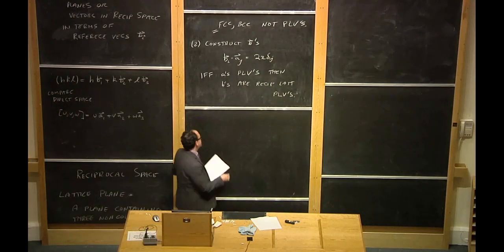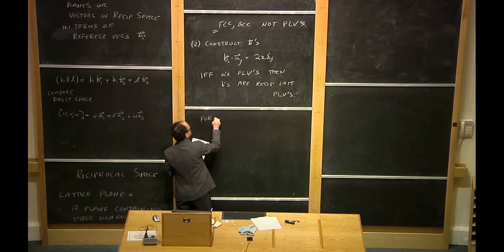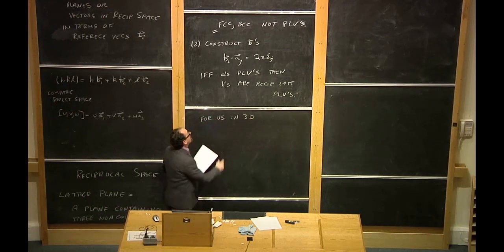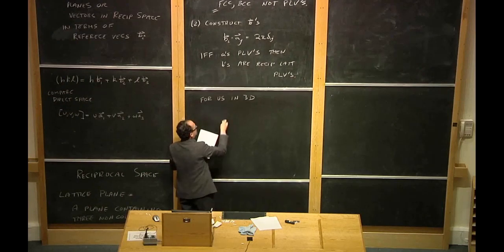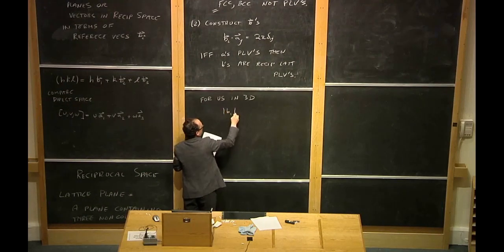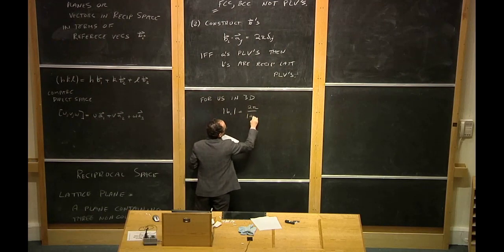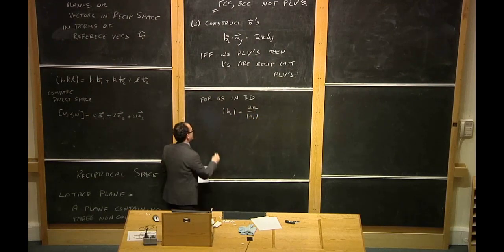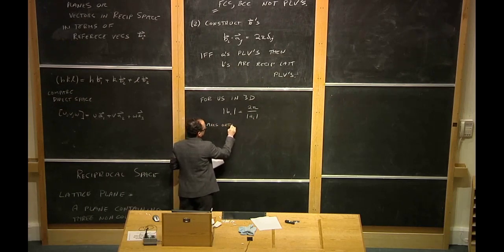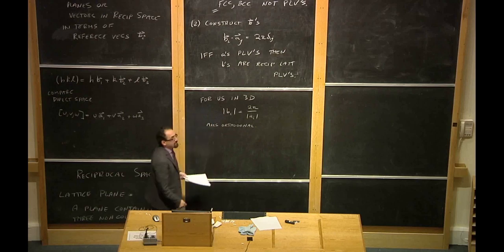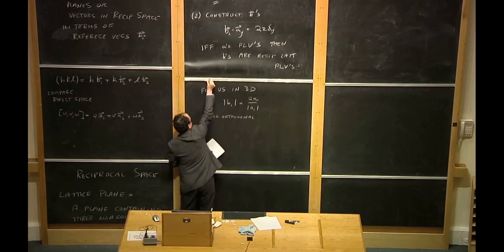Again, for us, since we are always using orthogonal axes in 3D, it will always turn out to be the case that the absolute value of b_i equals 2 pi over the absolute value of a_i, because the axes are orthogonal. So that makes life a lot easier.